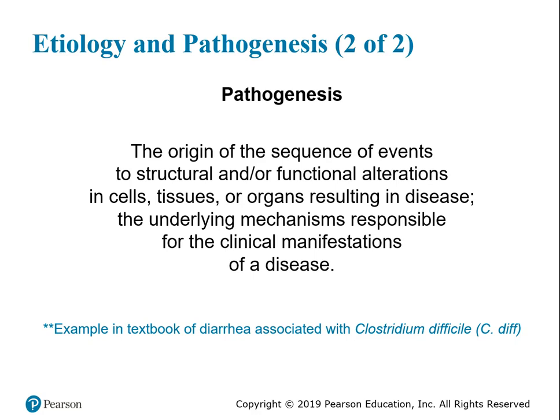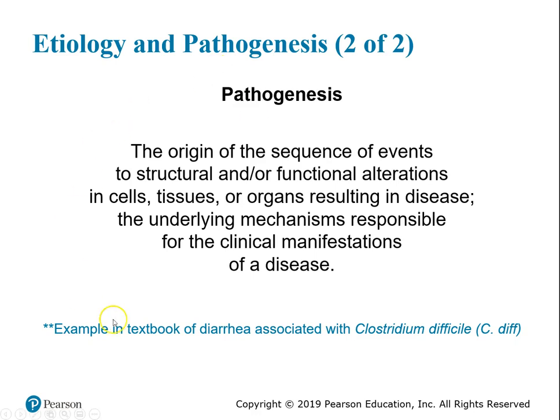The underlying mechanisms responsible for the clinical manifestations of disease. So when we're talking about pathophysiology, we're going to be examining the pathogenesis of different diseases, and talking about it as much as we know.